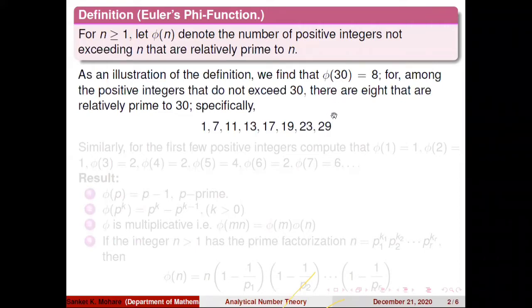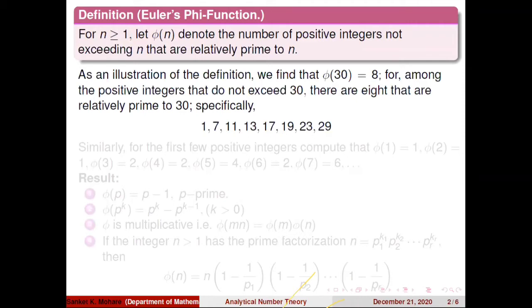Also, the GCD of 29 and 30 is 1. So in phi of 30, I collect only those integers whose GCD is 1 with 30. How many such integers did I find? Here I found 8 integers, which are 1, 7, 11, 13, 17, 19, 23 and 29.